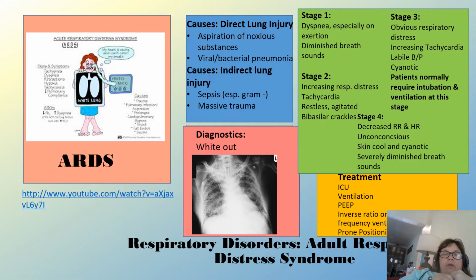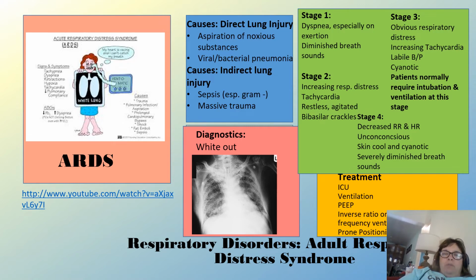Acute respiratory distress syndrome, or ARDS, is a type of respiratory failure. It was first defined in 1967. They called it pump lung because of being on the bypass surgery, traumatic wet lung, shock lung. And what it is, it's a sudden and progressive form of acute respiratory failure.